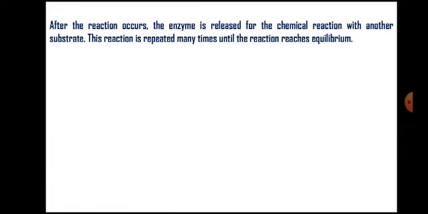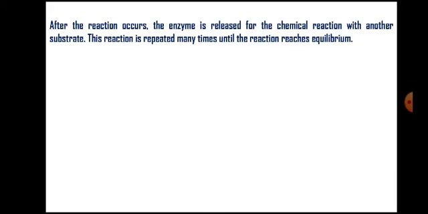After the reaction occurs, the enzyme is released from the chemical reaction and it combines with another substrate. So this reaction is repeated many times until the reaction reaches equilibrium.